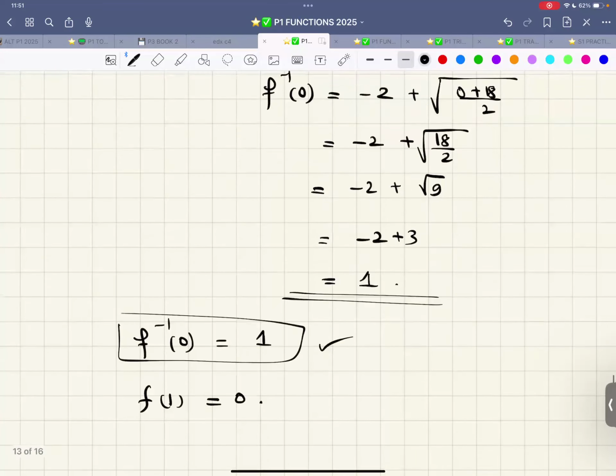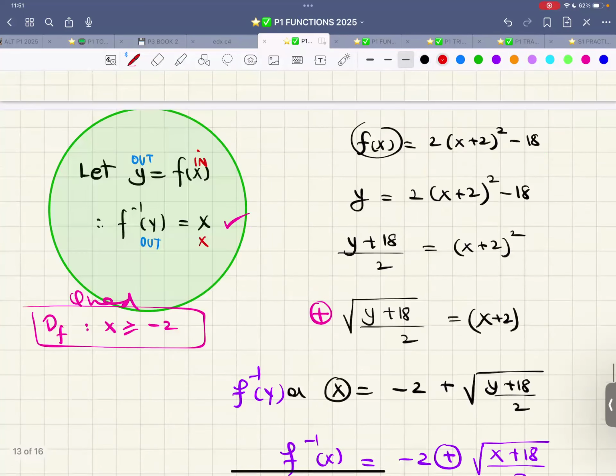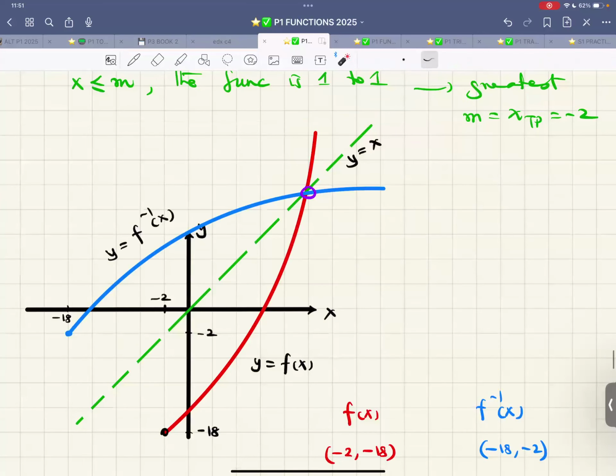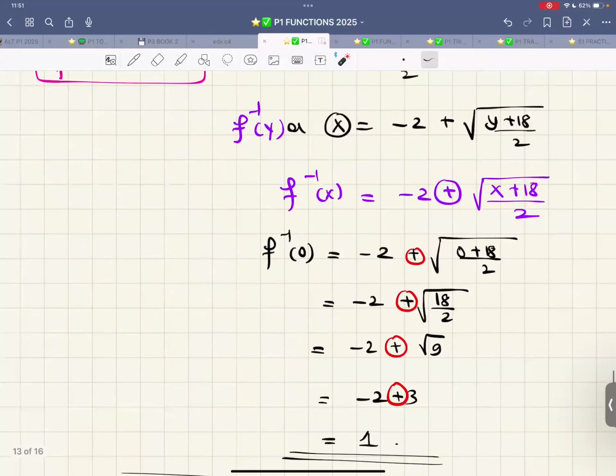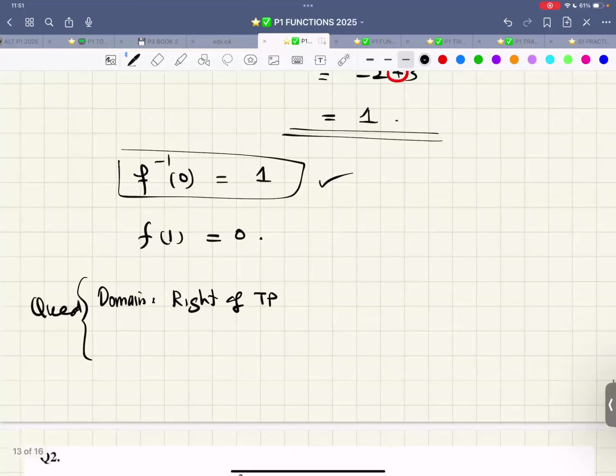But right now, I'm just focusing on this. So if I would have taken the negative sign over here, what would happen? Instead of positive, it would give me negative, which is against what you have seen on the grid. So 0 is not giving me negative, 0 is giving me positive. That means this decision is perfectly all right. So remember that to the right of the turning point, we are talking about the domain of the original quadratic function.